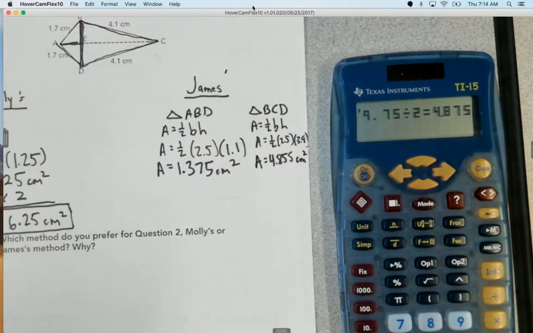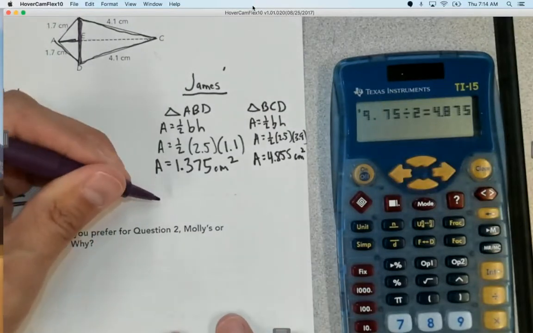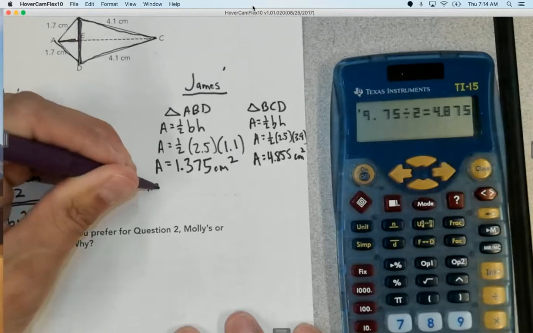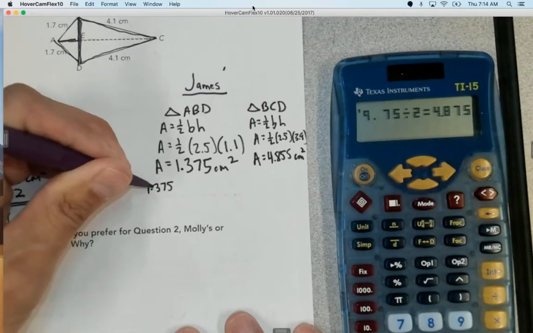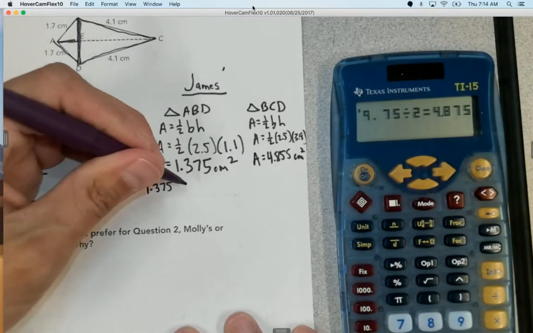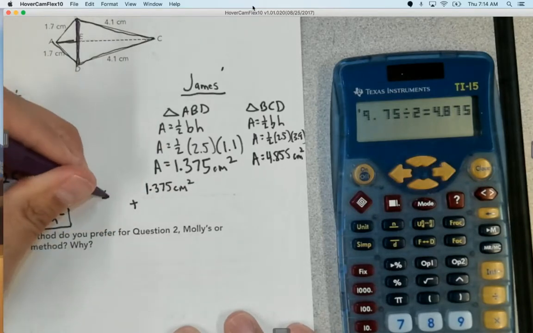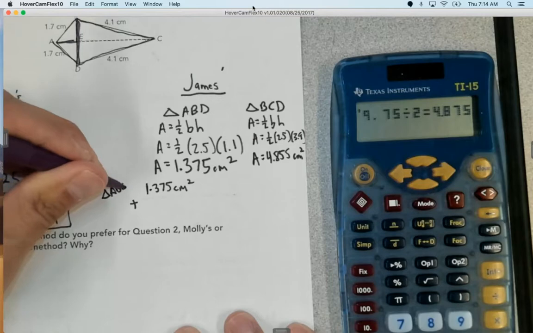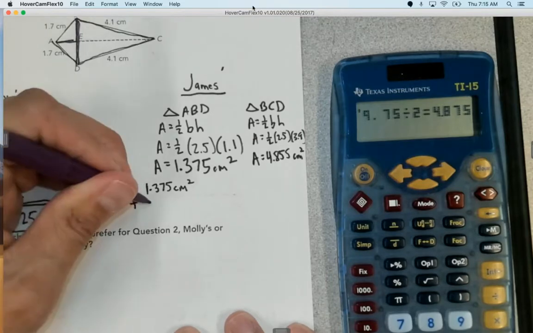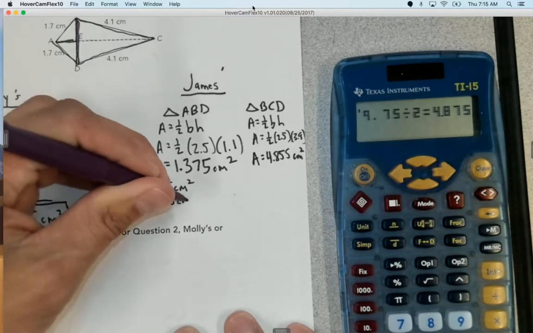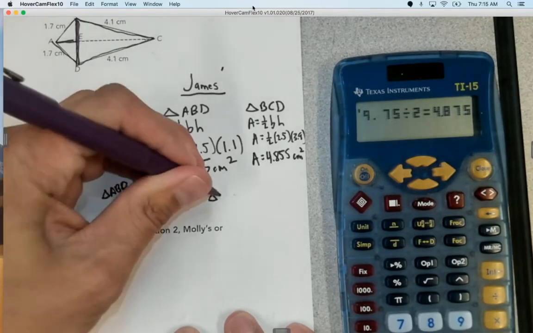Now I have to take the 2 parts and add them together. So I add the 2 triangles together. So I have 1.375 centimeters squared, and I add to that the other triangle. So triangle ABD. And then I add to the other triangle 4.875 centimeters squared, and that is triangle BCD.